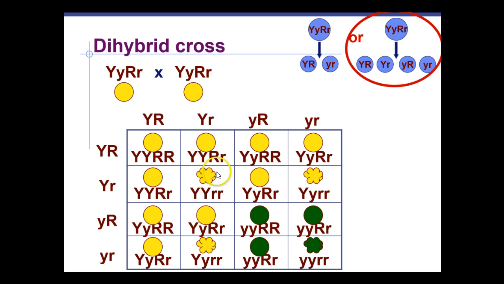So there's our 9 to 3 to 3 to 1 phenotypic ratio with the dihybrid cross, showing us again that these genes, at least the genes chosen here with these pea plants, don't affect each other. They assort independently into gametes.